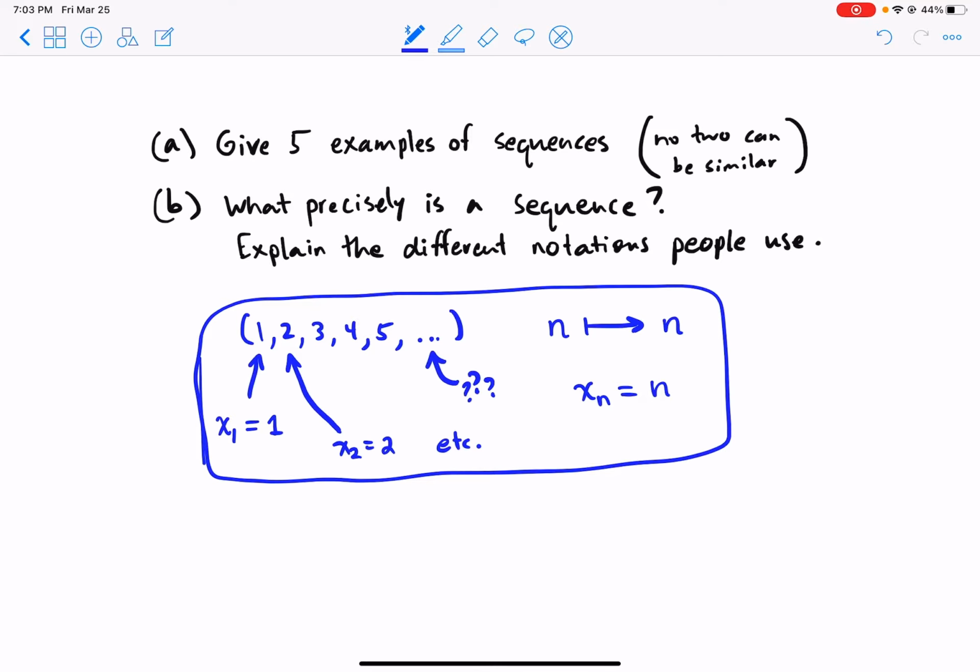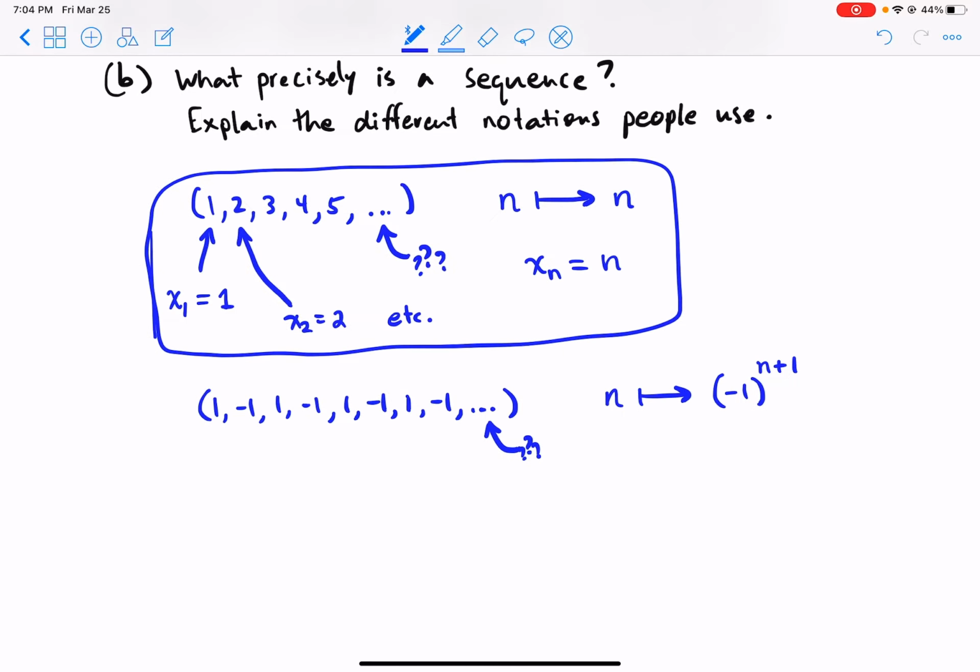Let's do this example: 1, minus 1, 1, minus 1, 1, minus 1, 1, minus 1, ... Okay, well, what is this? Well, I better give a formula. How about the nth number gets sent to -1 to the n plus 1?